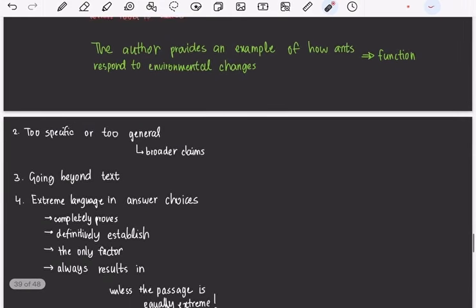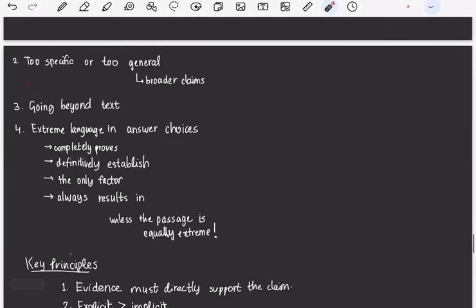The next one is too specific or too general. General means there is a broader claim, and you want something that's more niche and more specific. It might be like a passage that discusses a specific study as an example, supporting a broader claim.